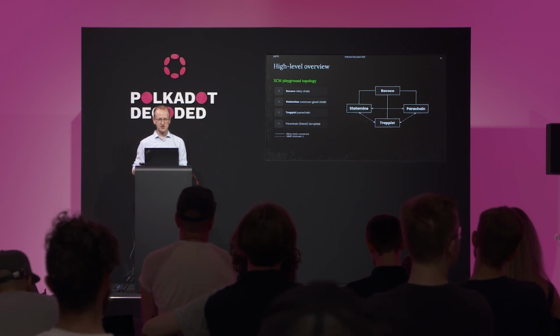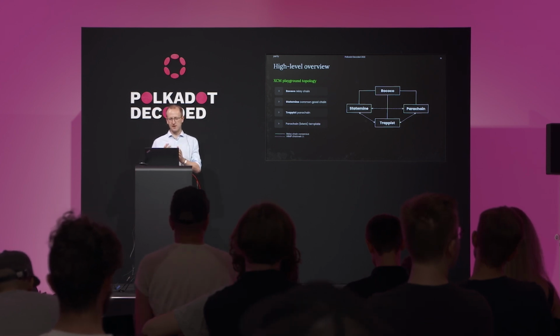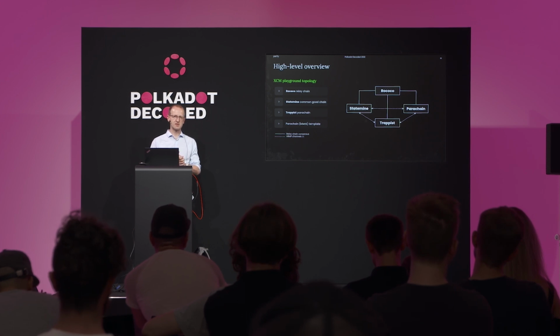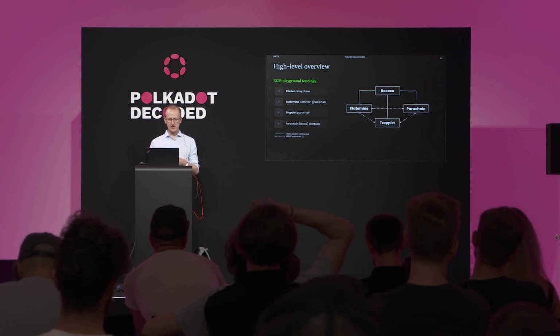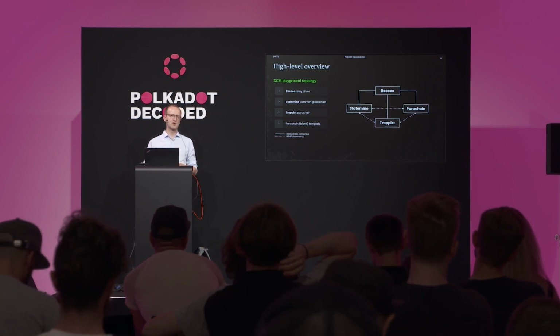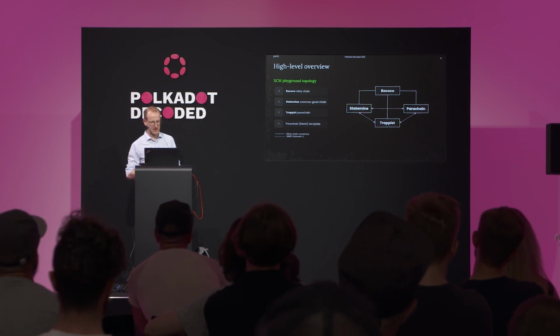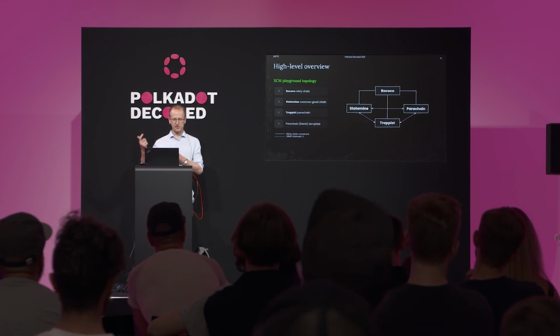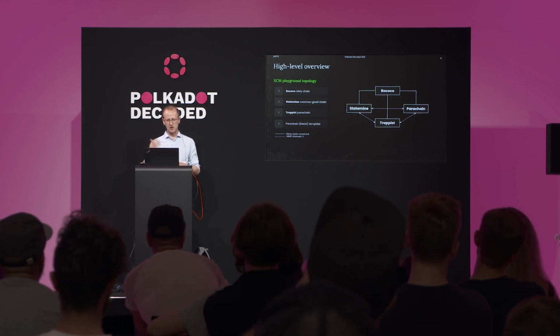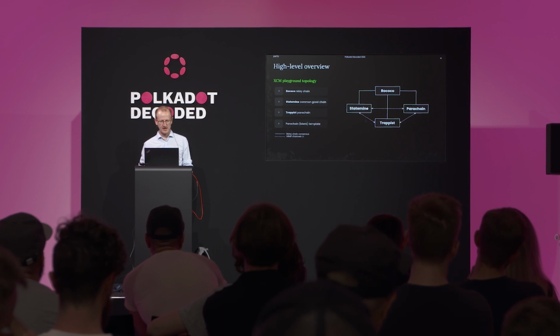So this is a chain that is a little bit special in the ecosystem. It didn't have to go through a crowdloan to acquire a parachain slot. And it's used as a reserve for assets, fungible assets and non-fungible assets. And it also has a very special relationship with the relay chain it is connected to. I will explain that a little bit after.